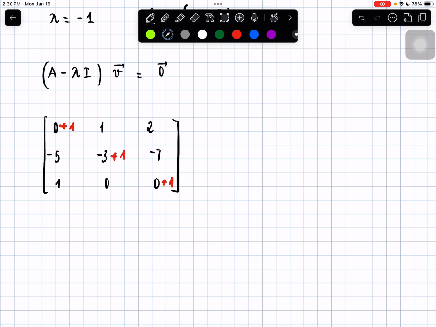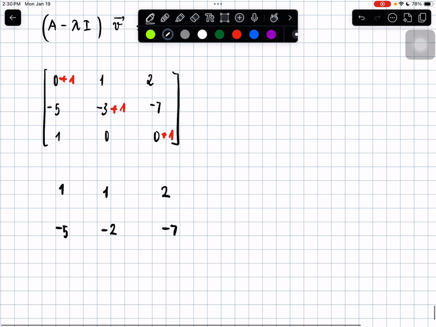We could have 1, 1, 2, minus 5, 2, 7, and 1, 0, 0, 1.